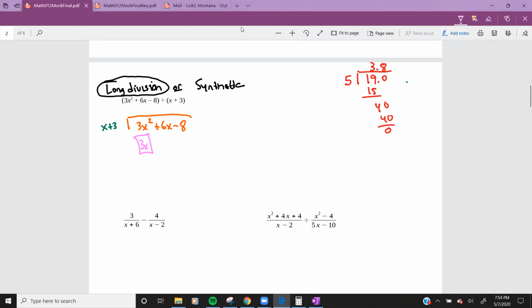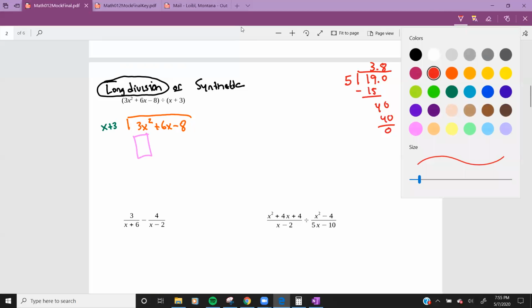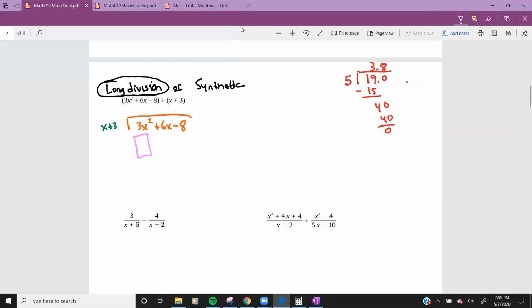Your goal is to get 3x squared, because whenever we subtract, just like how we subtracted 15 from 19, we would want to subtract these two, right? So you basically want to somehow get 3x squared.